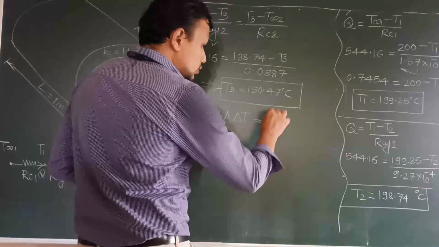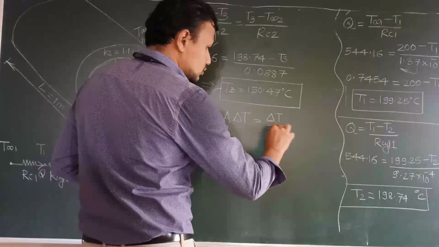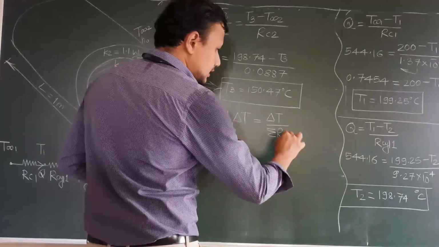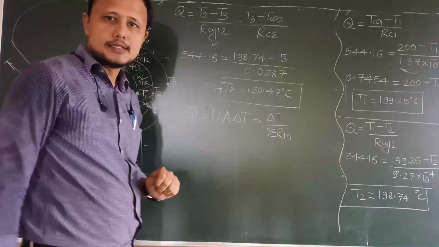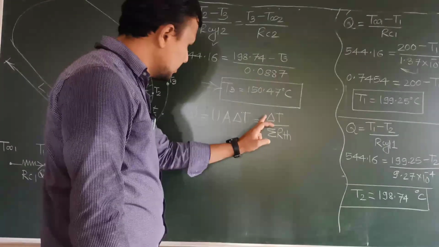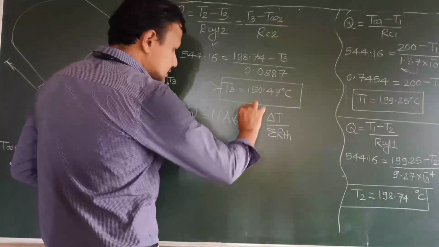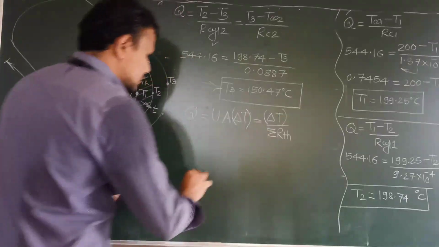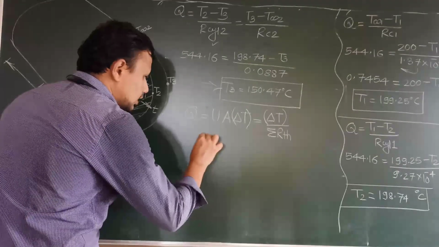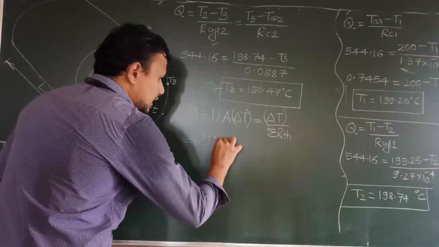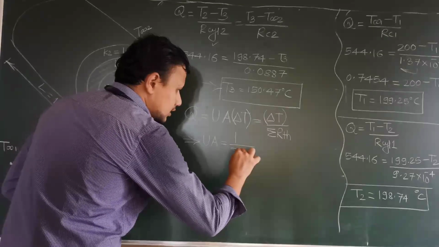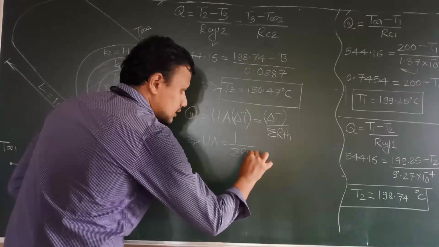And we also know that heat transfer can be written as delta T upon summation of thermal resistances. So by correlating these two, see, delta T is the common parameter in both the equations. So when I correlate, what I get? UA is equal to 1 upon summation of thermal resistance.